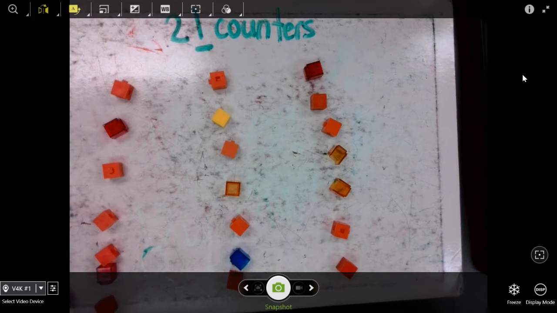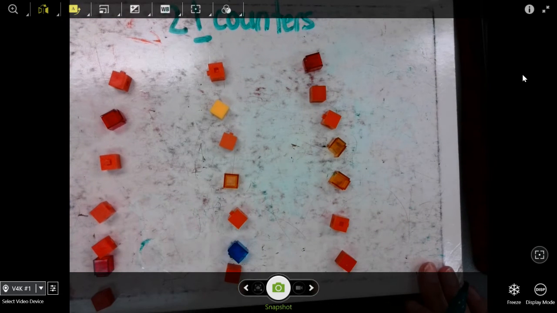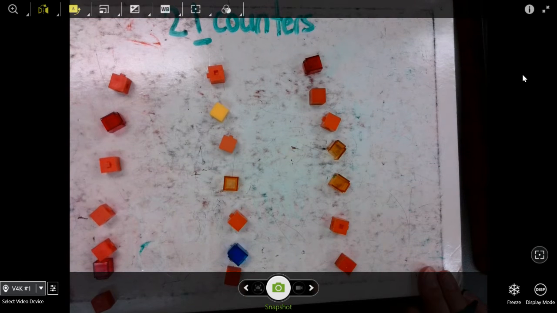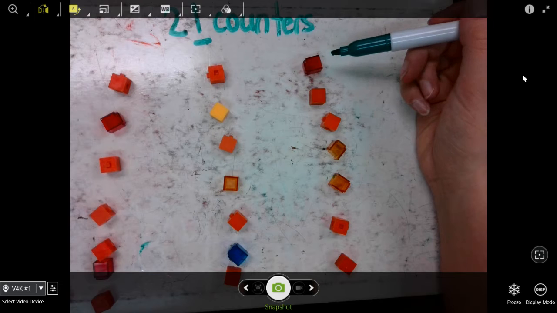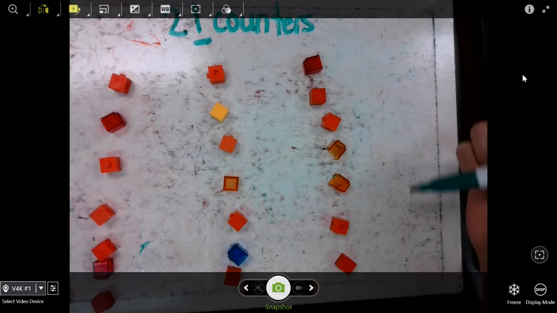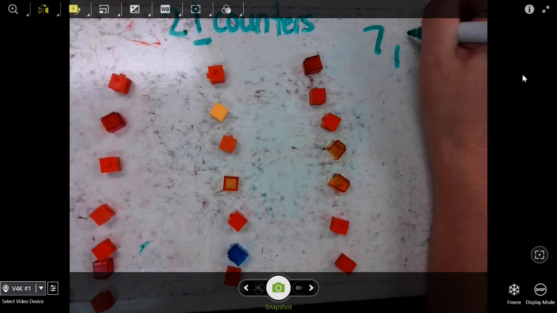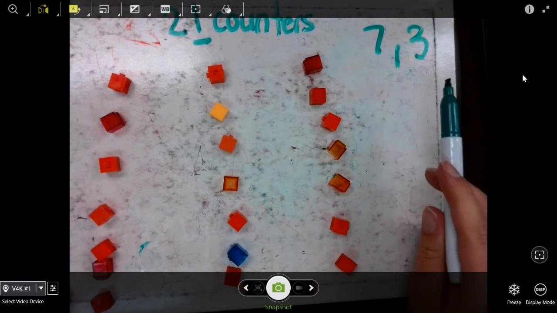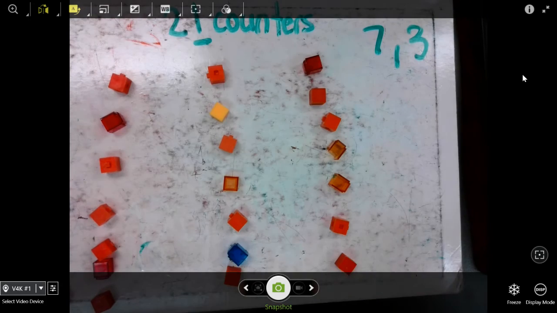They are all equal groups. 21 is divisible by 3. It's also divisible by how many is in each group, which is 7. So 7 and 3 are numbers that are both divisible when you're looking at 21.